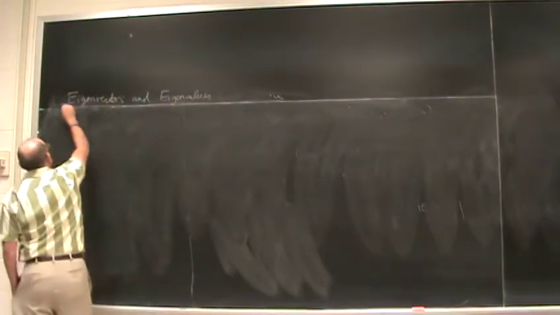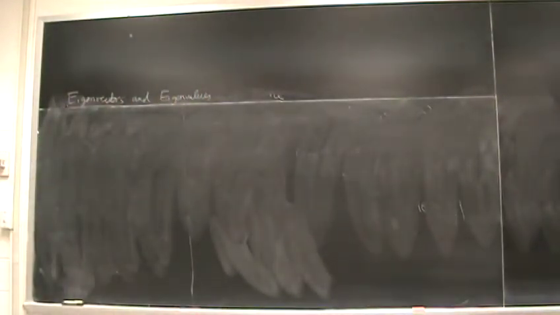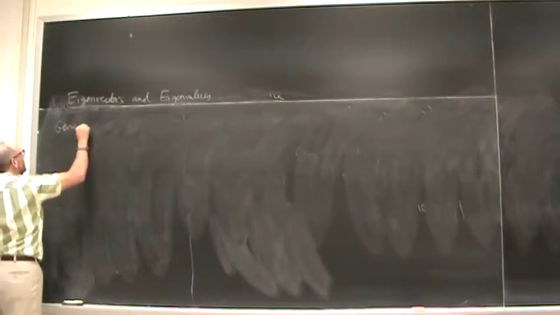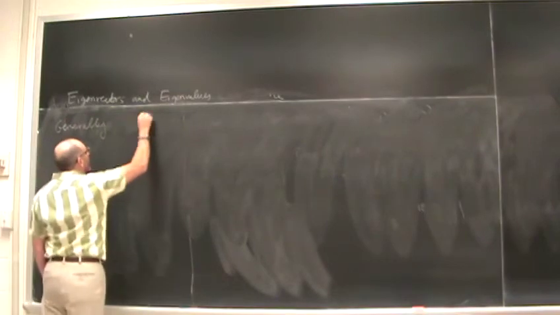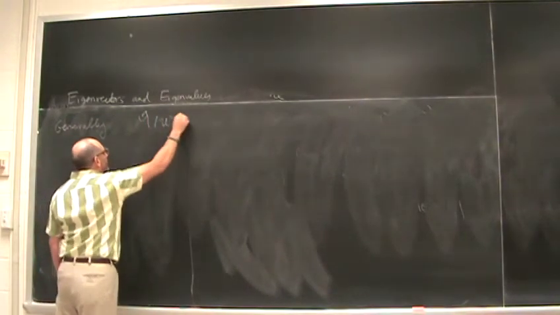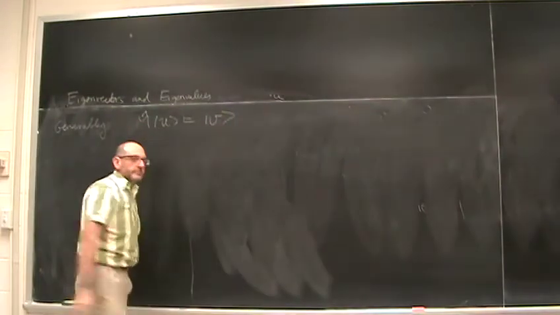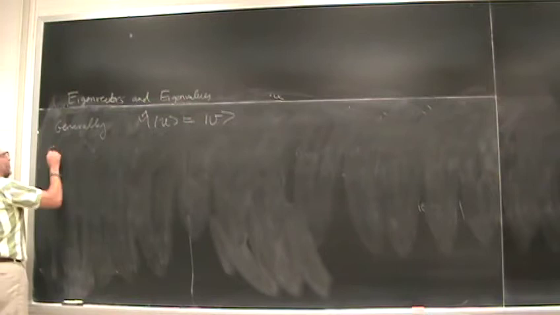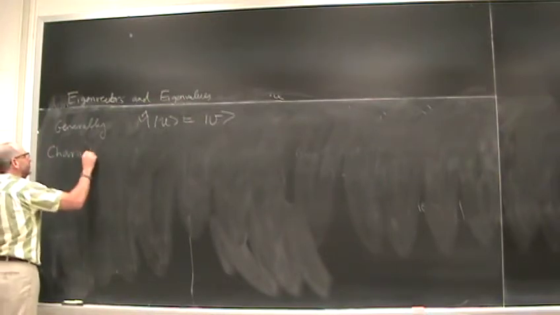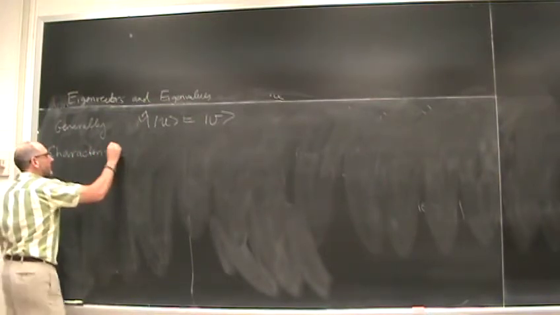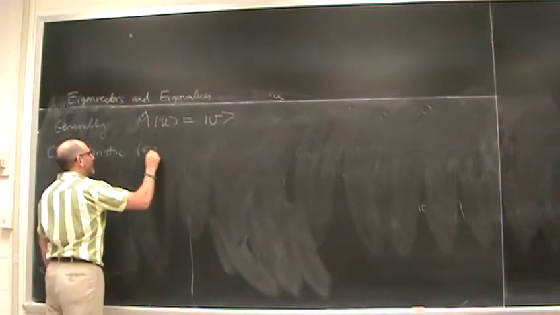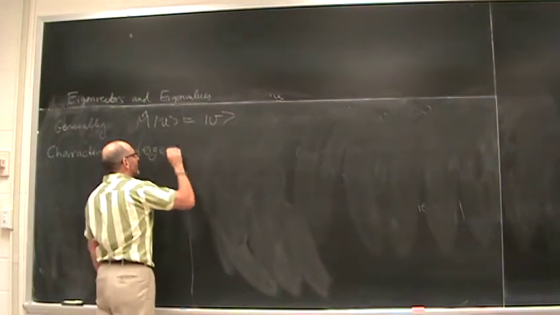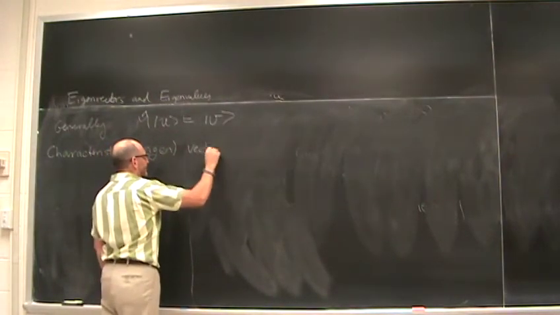So, generally, we said we have a linear operator. It maps some vector to some other vector. Okay? However, there are what are called characteristic vectors. Or, because this was done in Austria and Germany first, eigenvectors. So eigen means characteristic.